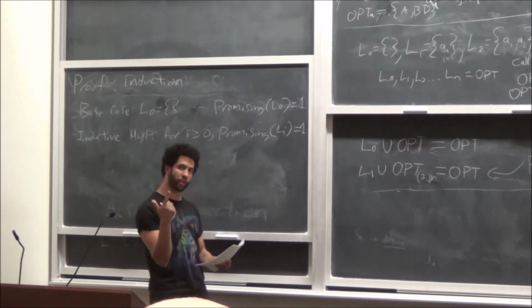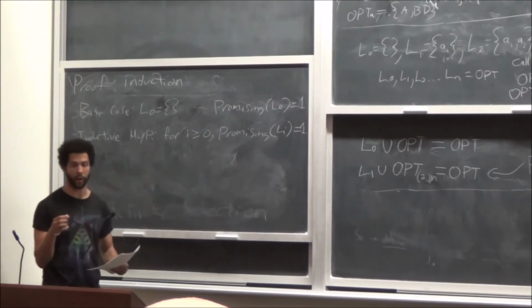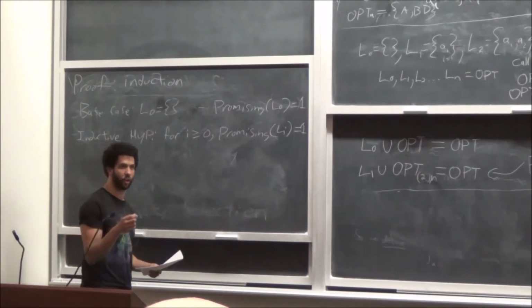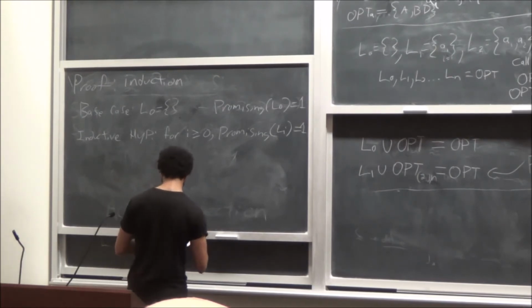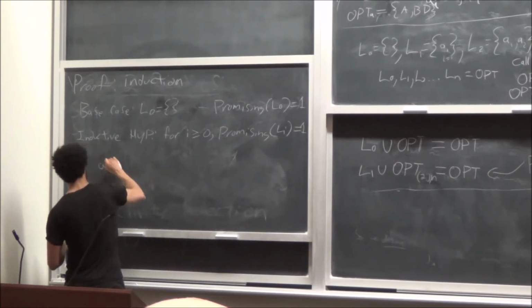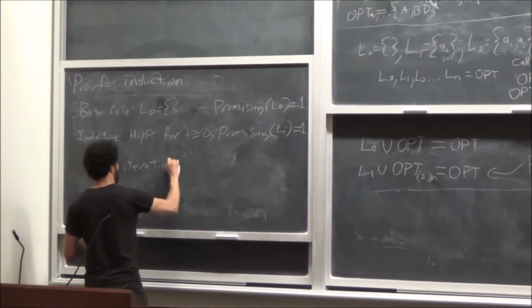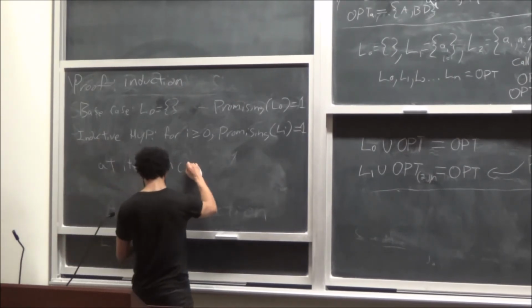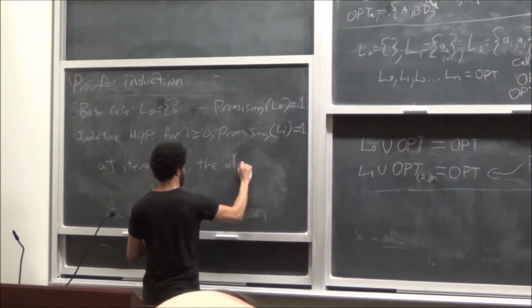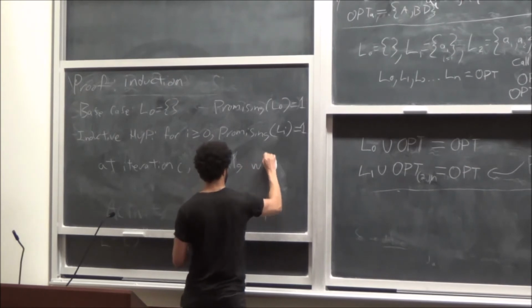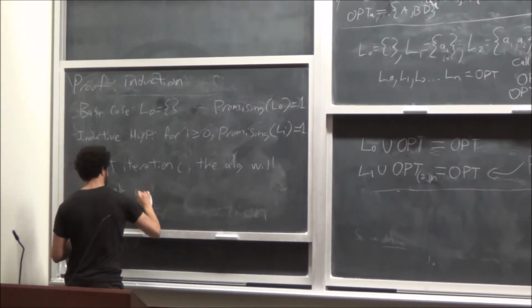So there's really two sort of choices going on. I don't know if you guys remember from last time, but we sneakily defined a function called choice. So we're going to use that function now. At iteration I, the algorithm will make a choice.